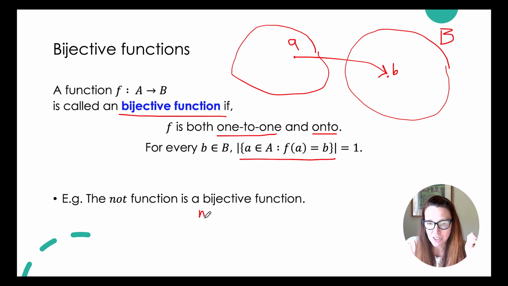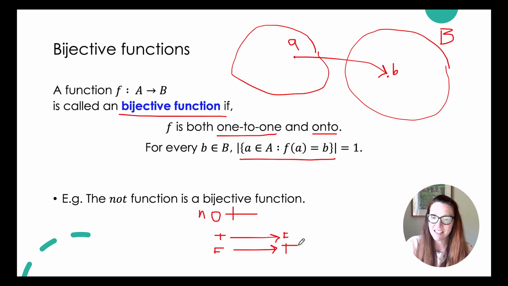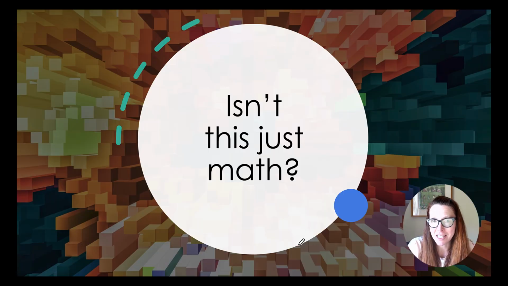The not function takes the value true and maps it to the value false, and it takes the value false and maps it to the value true. And that is the not function. And so for every element in the codomain, there's exactly one way to get from our domain to that point. And so that's a definition of a bijective function.